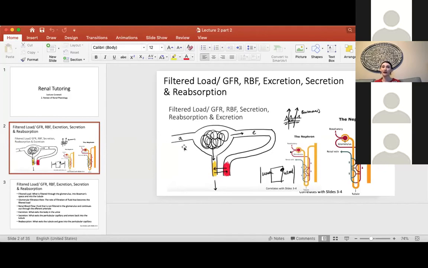We've got our afferent arteriole and our efferent arteriole. From our afferent, it gets filtered and then it exits, and that's where we measure our GFR. Then what's left over is our efferent arteriole, and then exchange can take place.